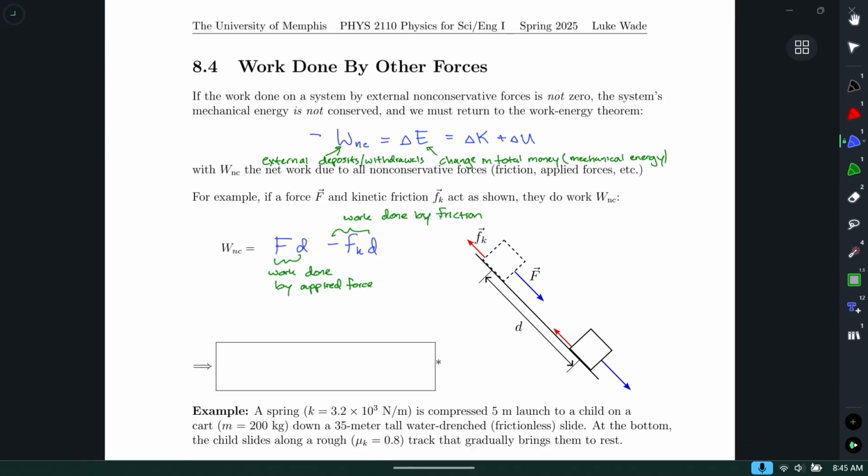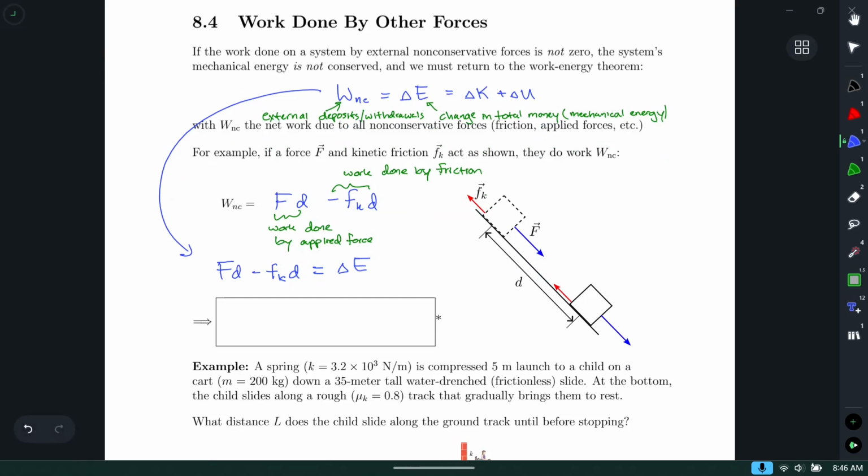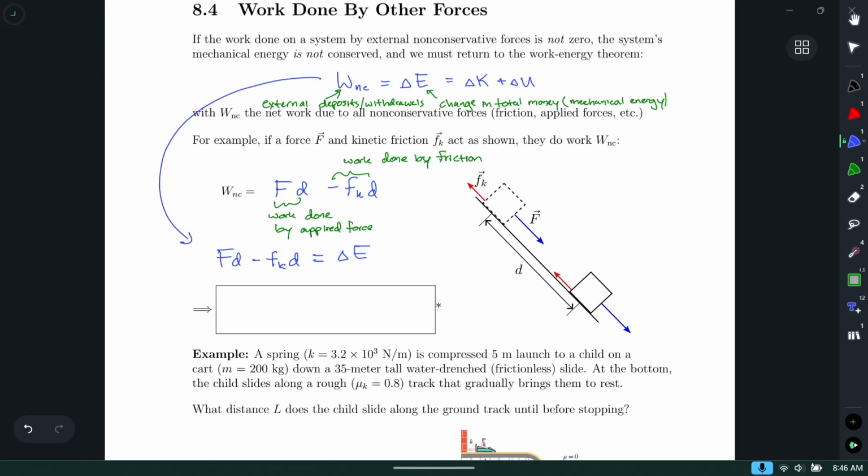So now the work energy theorem becomes whatever work is done by an applied force, all the deposits to your system, minus whatever work is done by friction, whatever transfers there are out of your system, with whatever withdrawals. That determines the change in your total mechanical energy, the total money in your system, total money in your accounts.